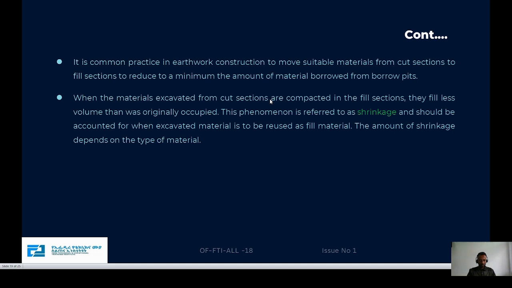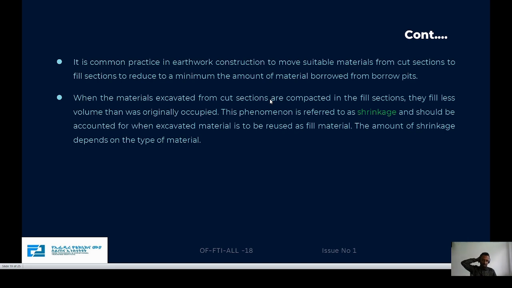Borrow material will be obtained from the right of way or from borrow pits. So we get the material from the cutting section in the right of way. It is very important to minimize costs by using this suitable material.